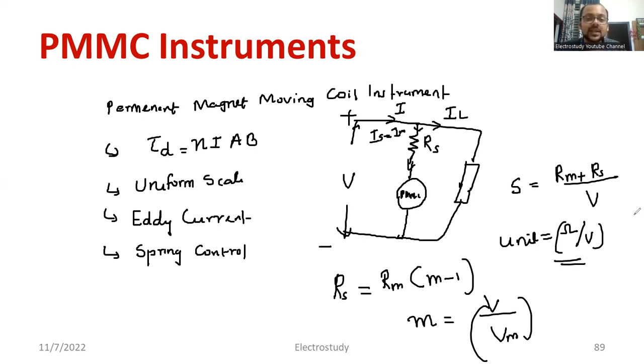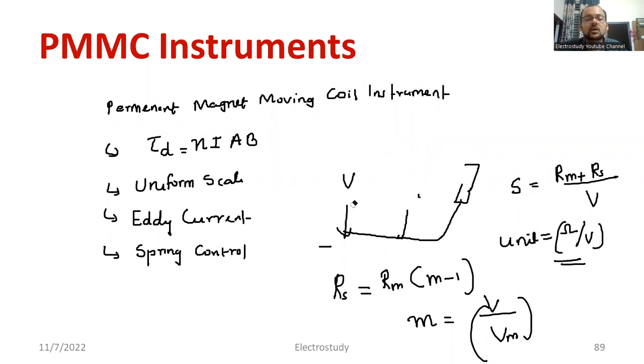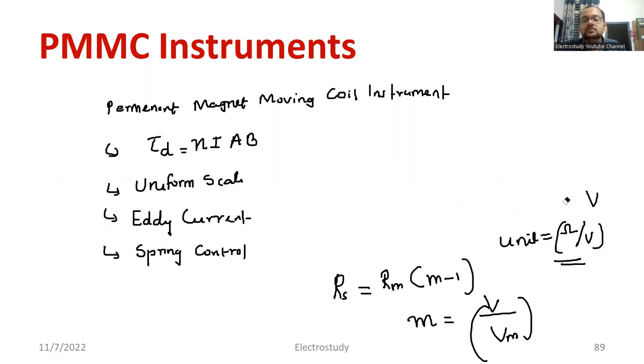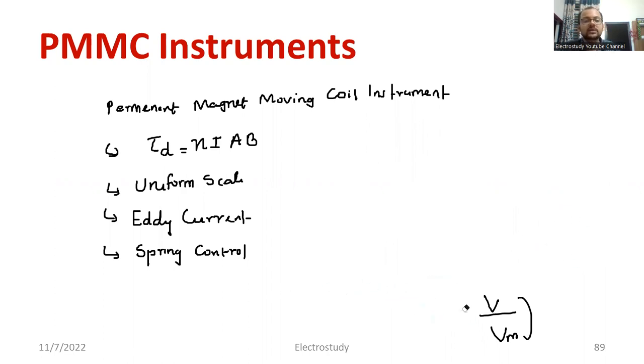So in this session, I discussed the importance of PMMC instrument, why PMMC instrument is required, and how to measure current and voltage by using PMMC instrument. For measuring voltage, I need to connect a high resistance in series with the PMMC instrument.